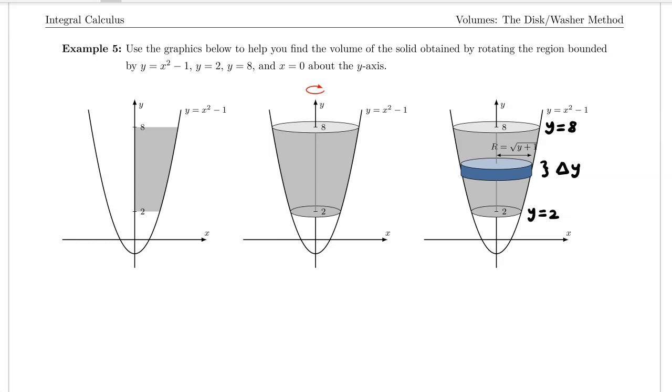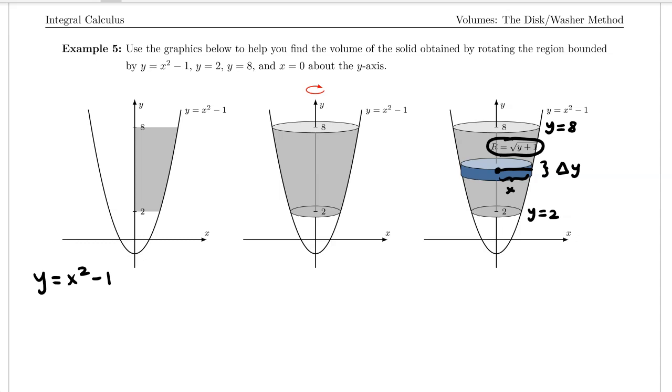And so we need to have an expression for the radius in terms of y. So what I can do is I know that we have our curve y equals x squared minus 1. I can solve this for x because our radius is really just the x value, because we're measuring the distance from the y-axis to a point on our curve, and that's the x value there.